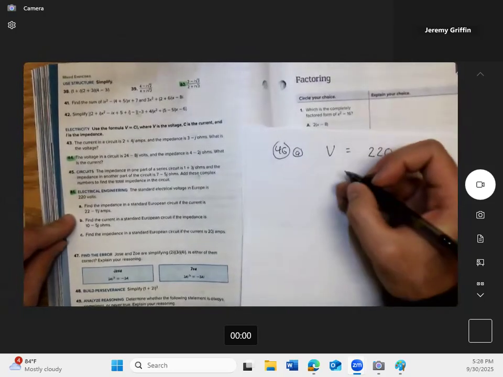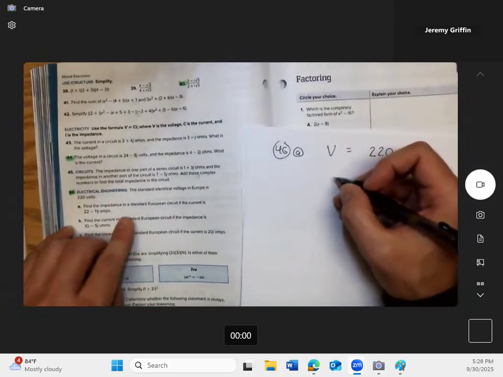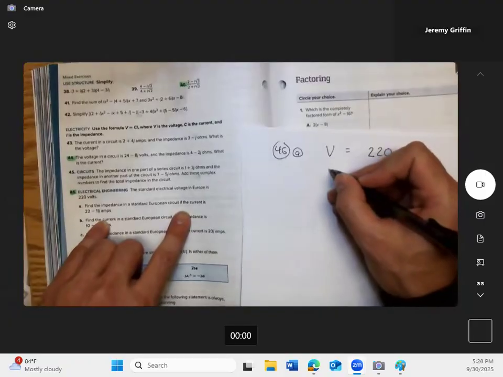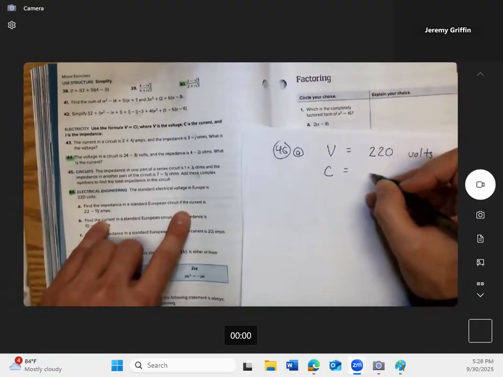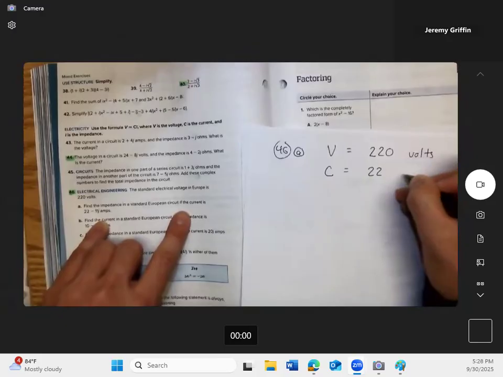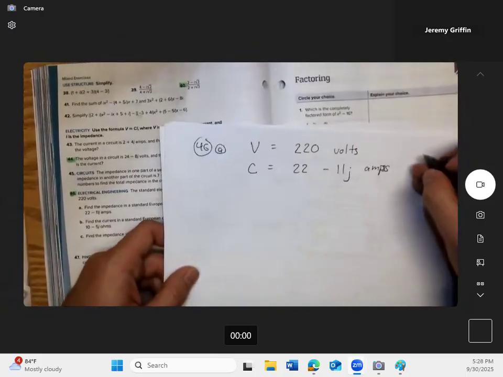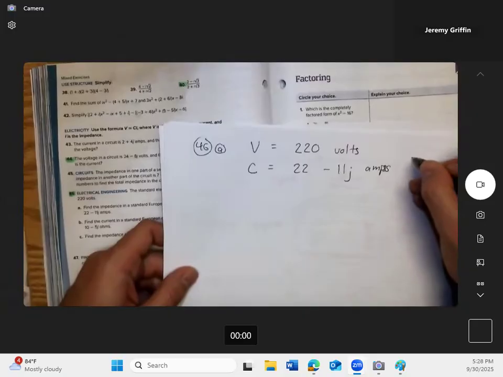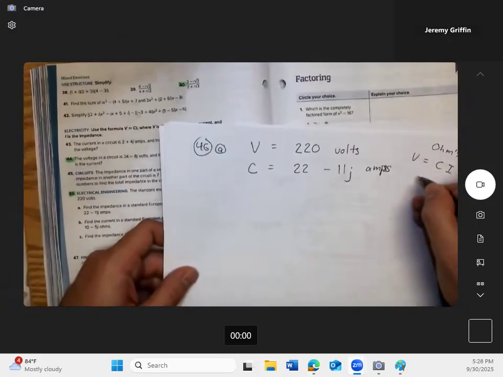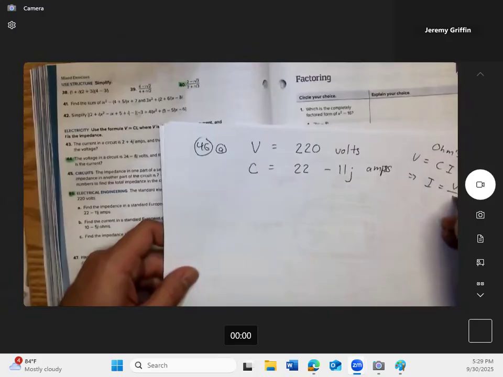So 46A. It says if the current is 22 minus 11j amps, find the impedance. So I can say voltage equals current times impedance. This is Ohm's law. Therefore, impedance is voltage divided by current.